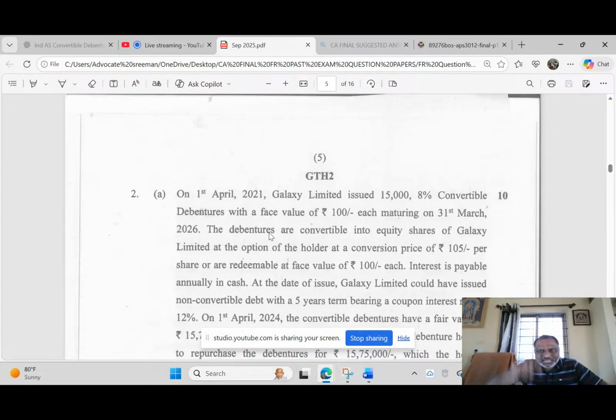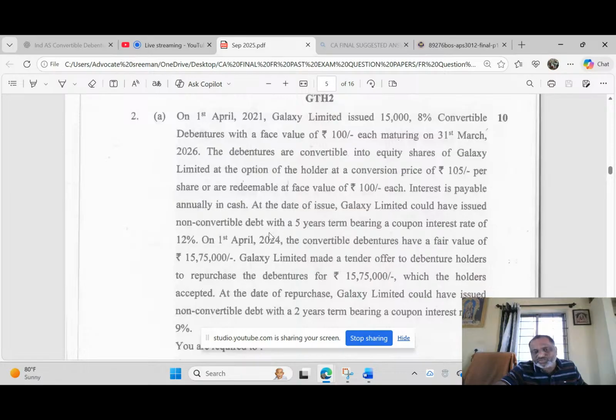The debentures are converted into equity shares of Galaxy Limited at the option of the holder. Conversion price is 105. That is a different transaction. If the holder does not convert, 100 rupees is payable annually in cash. At the date of issue, Galaxy Limited could have issued non-convertible debt with 5 years bearing a coupon interest rate of 12%.